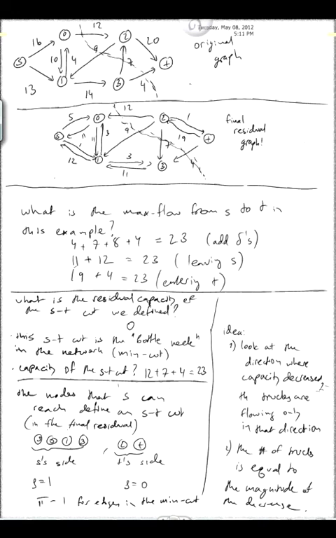So what are these edges? It's exactly these three edges that are the bottleneck: the one from 0 to 2, the one from 3 to 2, and the one from 3 to T. It's just for those edges that pi is going to be equal to 1, and for all the other edges, the pi's are going to be equal to 0.